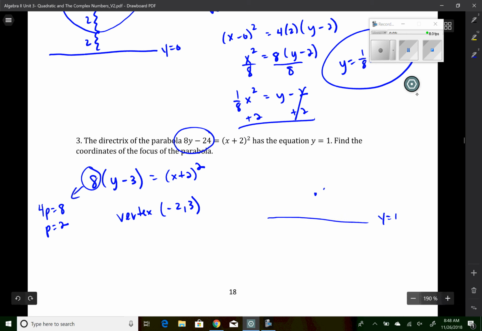That's where my parabola is going to be. That means the focus is going to be inside that parabola. It's going to open up. The other thing is I know it's 2 in distance, so if I'm at (-2, 3) and I go up 2 more, I now know the focus is going to be (-2, 5).